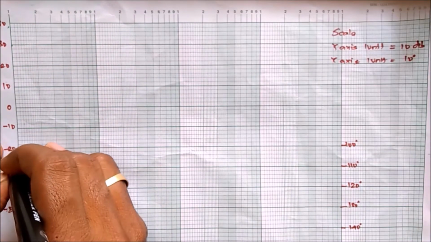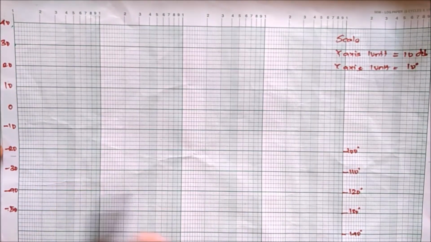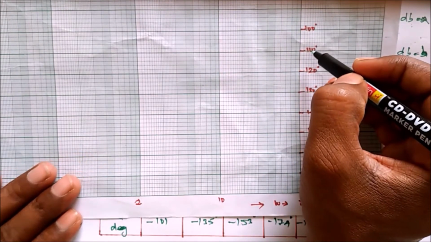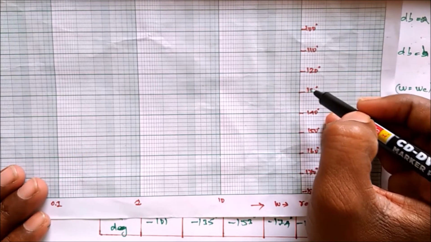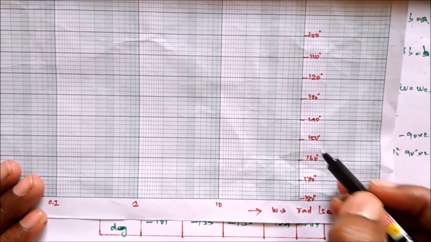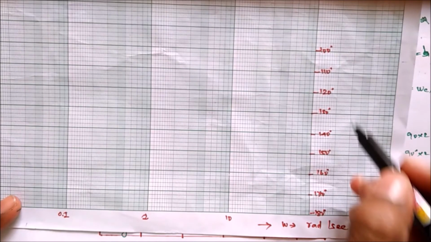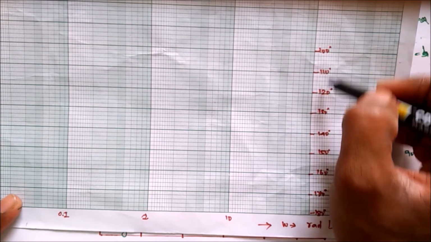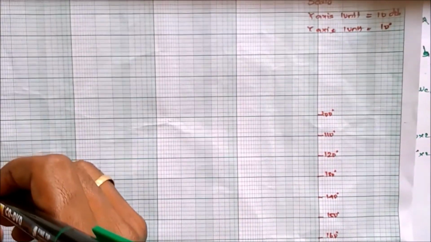Similarly, minus 10, minus 20, minus 30, minus 40, minus 50, and so on down to minus 180. So likewise, we have to select the y-axis for angle and also the y-axis for magnitude in decibel.